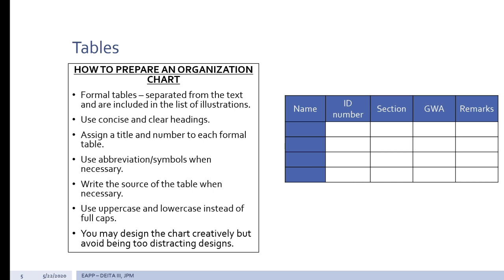Those tables that are separated from the main text are formal tables as they are joined together. Informal tables are those tables that you find inside the main text, just to explain further that particular concept from the formal table.